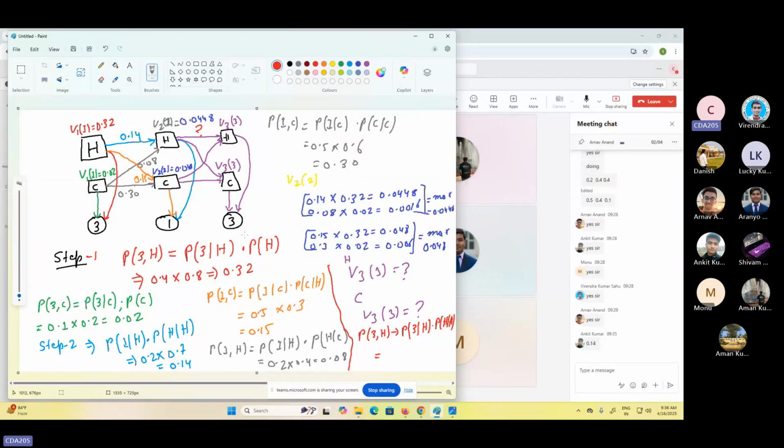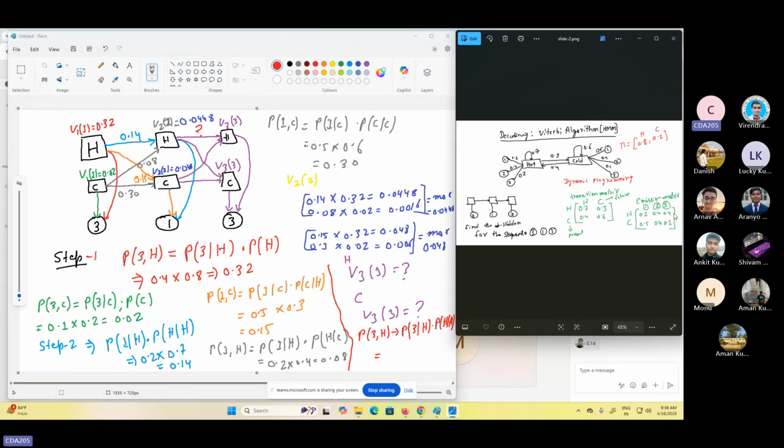When you see this graph, H to 3 it is 0.4, and H to H it is 0.7. So its value will be 0.4 into 0.7 is equal to 0.28.